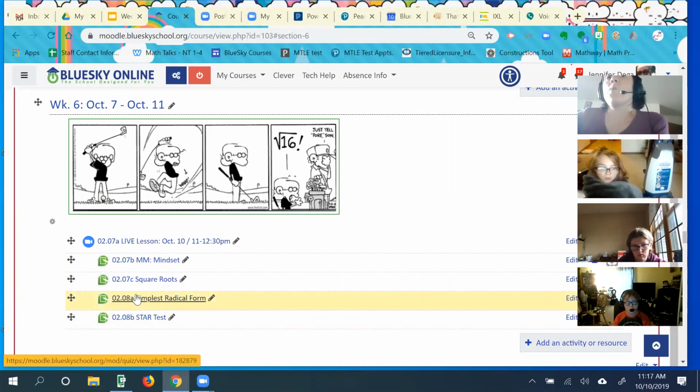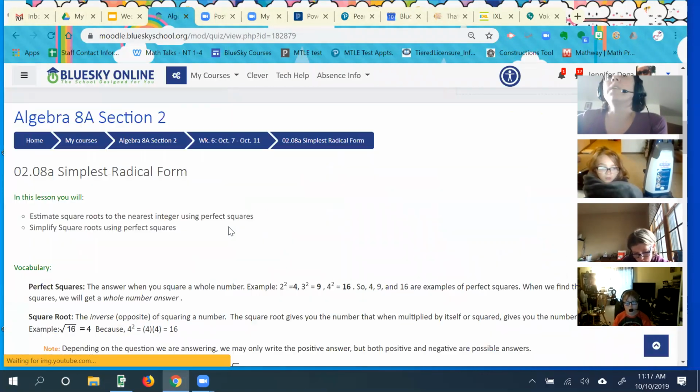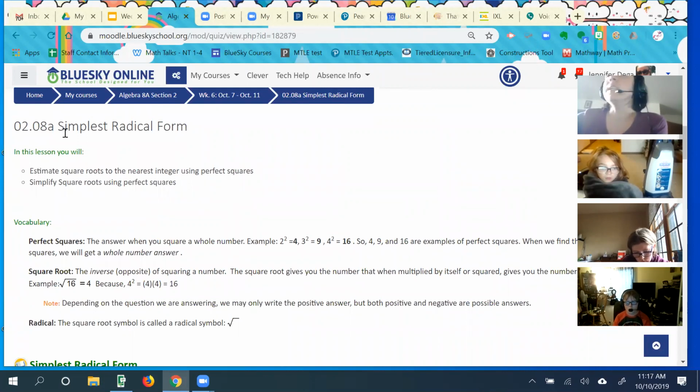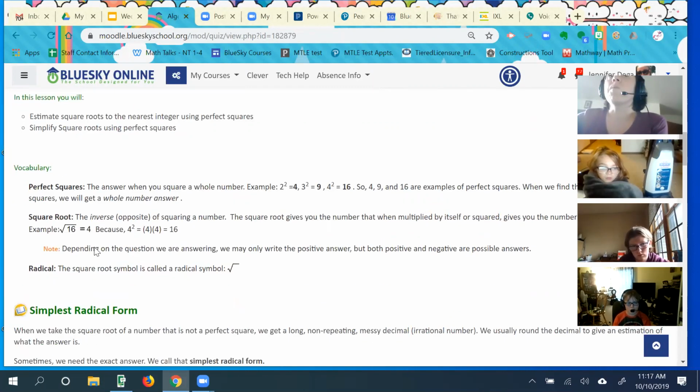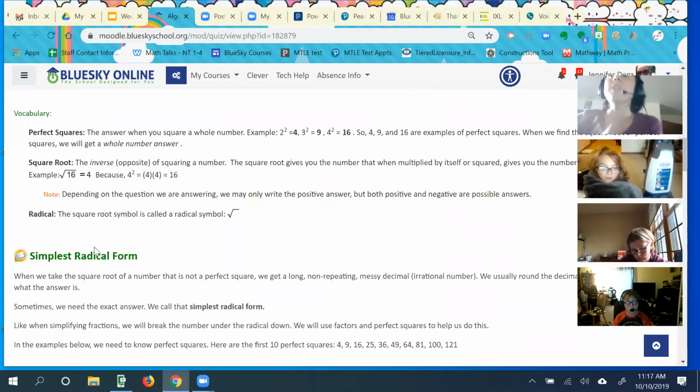Okay, so let's say that you have completed today's assignment, which is simplest radical form. The lesson is right in front of you, and there's lots of stuff there. This is what you want to really learn it from.